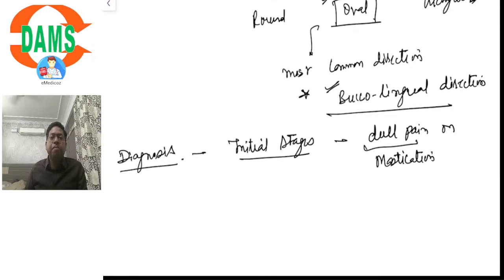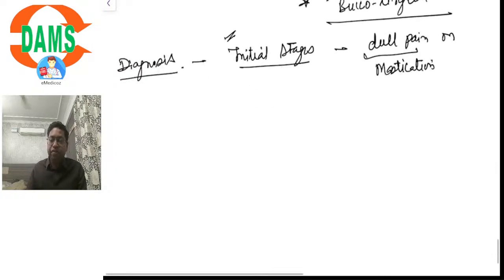VRF also gives dull pain on mastication. But an important difference, if we take the history of the patient carefully, is that the patient would report dull, less severe pain in cases of VRF, and it would be a sharp pain in cases of cracked teeth or cracked cusp. The difference is dull and sharp pain because the coronal segment of a cracked tooth is free to move, whereas the root is embedded inside the bone, so it is not moving too much. The patient reports only dull pain, but these are in the initial stages.